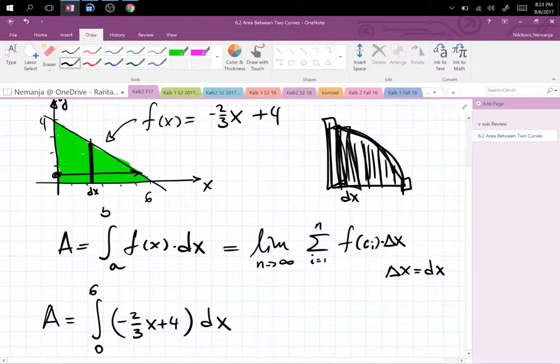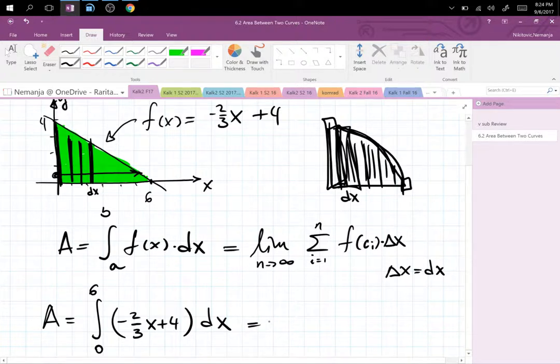That's why the limits of integration go from 0 to 6, because the first representative dx rectangle is at 0, and the last one is at 6. So from 0 to 6, you will have representative rectangles everywhere between those two numbers. And then they go up to f of x times dx.